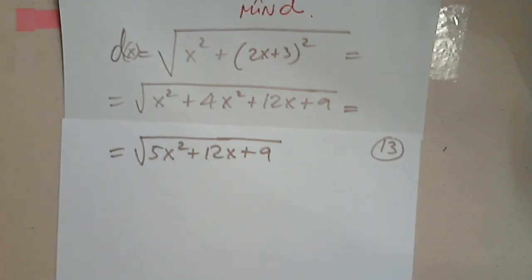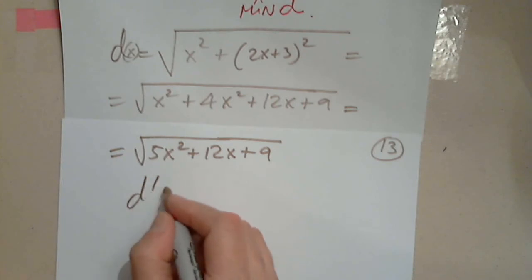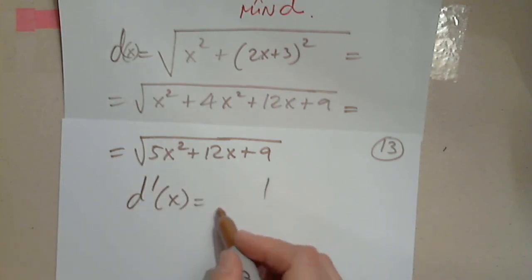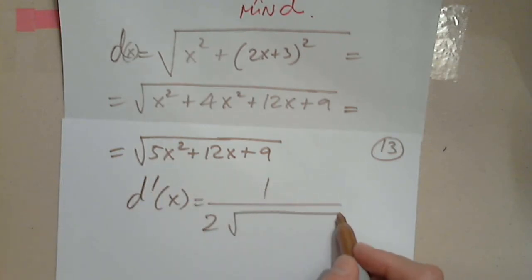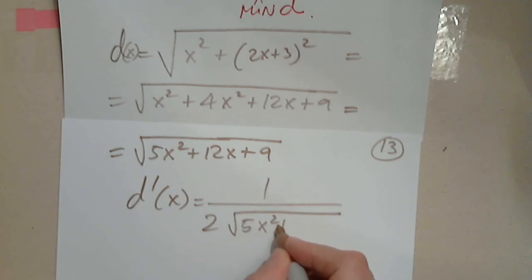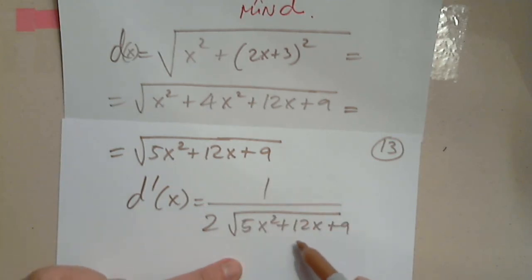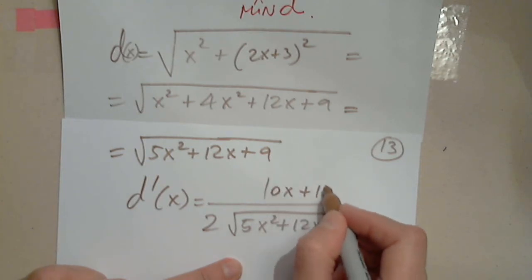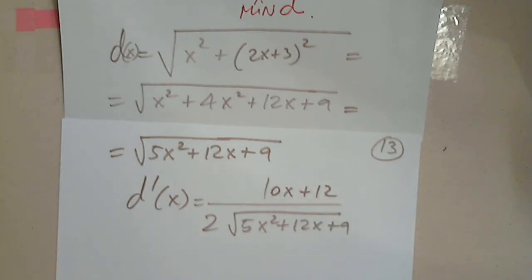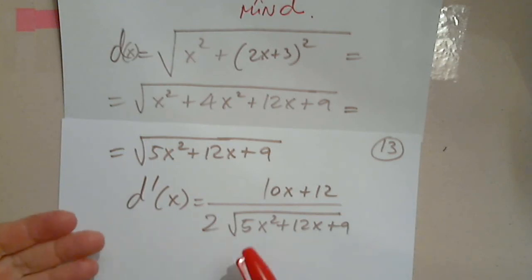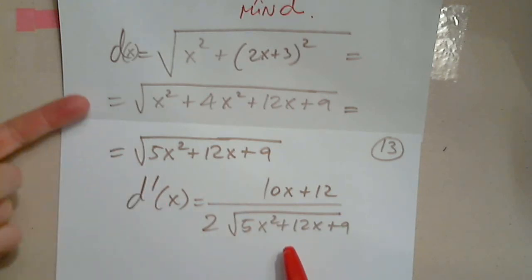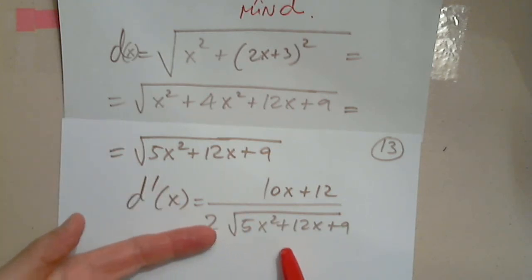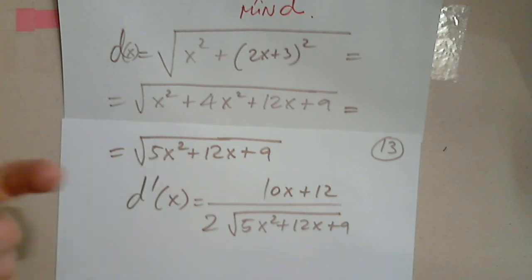It's completely cleaned up. So now I will find the derivative. 1 over 2 the square root of 5x squared plus 12x plus 9, and I multiply by 10x plus 12, times the inner function prime. Nothing will be undefined, because if it is undefined, the function doesn't exist at that point.